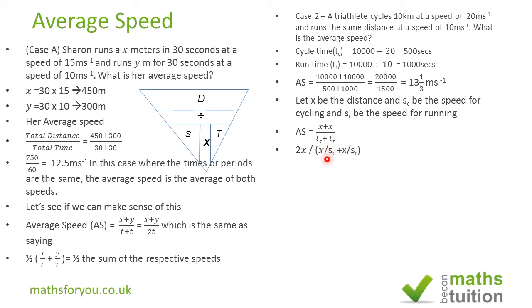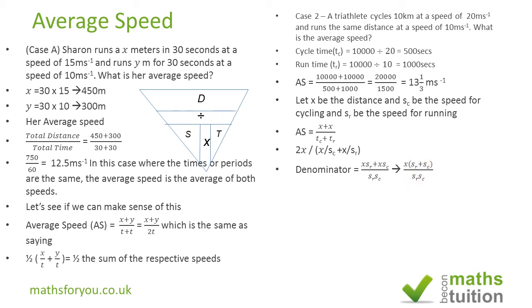Now if we isolate the denominator and deal with it first, the lowest common denominator is SR times SC. So all that becomes X times SR plus X times SC, over SR times SC. When we factorize the numerator of this, we have X into SR plus SC, divided by SR times SC.